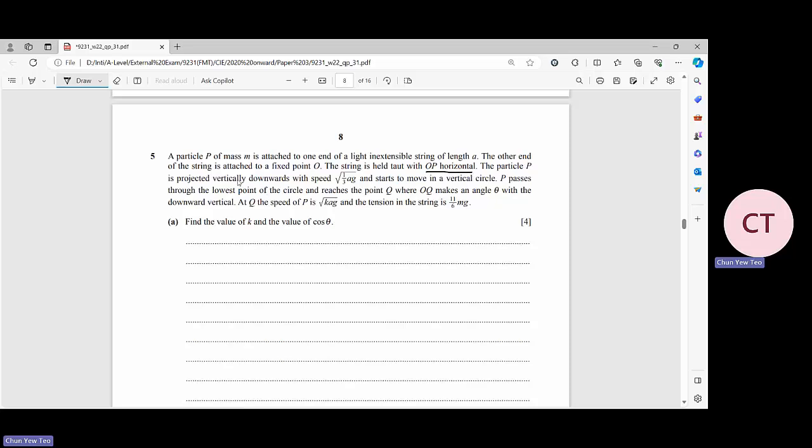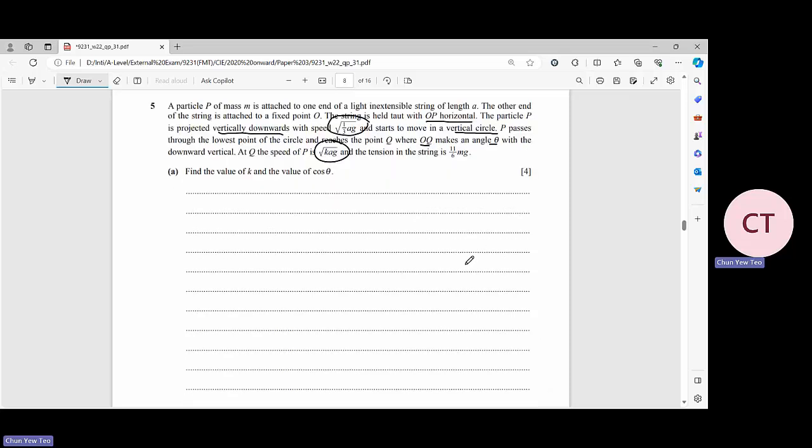The particle P is projected vertically downward with a speed of square root of 1 over 3 ag and starts to move in a vertical circle. This is a vertical circular motion. P passes through the lowest point of the circle and reaches the point Q, where OQ makes an angle theta with the downward vertical. At Q, the speed of P is square root of kag, and the tension in the string is 11 over 6 mg. Find the value of k and the value of cos theta.